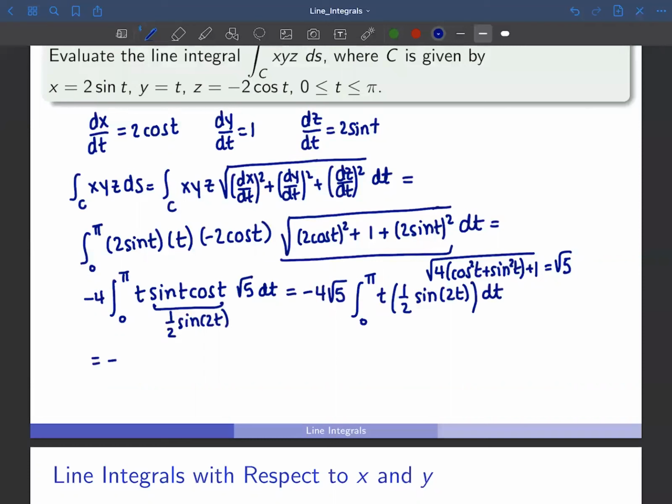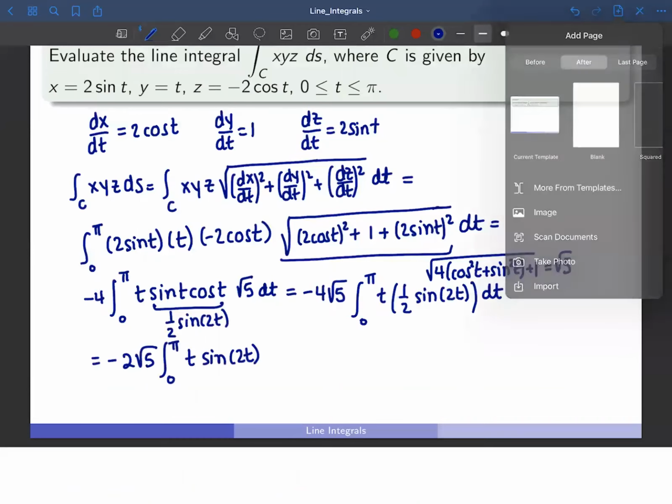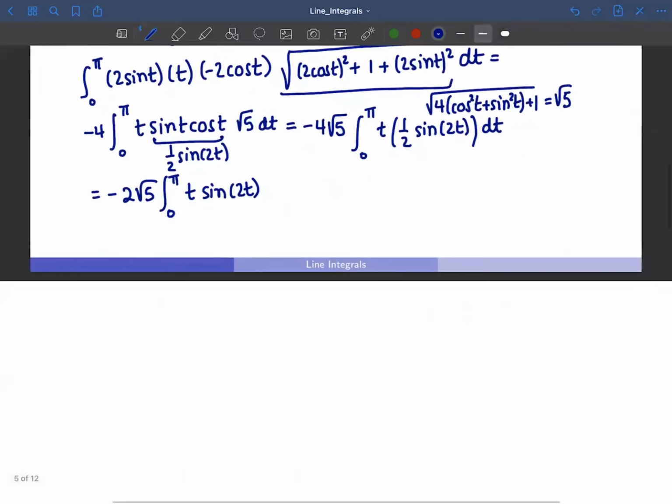That gives us negative 2 square root of 5 if we simplify, times the integral from 0 up to pi of t times sine of 2t dt. Here we can do integration by parts. Setting u equal to t, du is equal to dt, and dv is equal to sine of 2t, so v is equal to negative one half cosine of 2t.